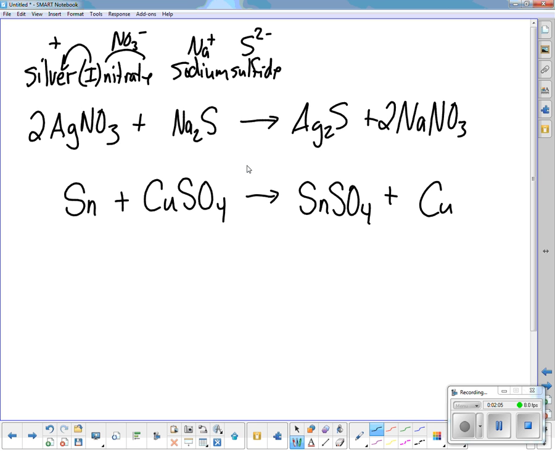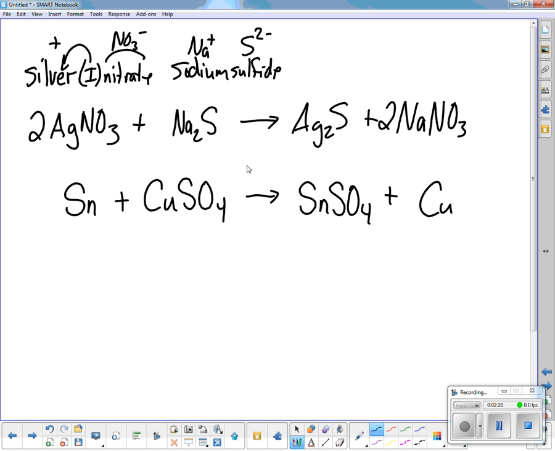Single displacement, good. An element, a compound, gives a compound and a new element. Do I need to do anything to balance this one? No, it's already balanced. So we can move on to the next one. The reaction type is what? Single displacement, so SD.